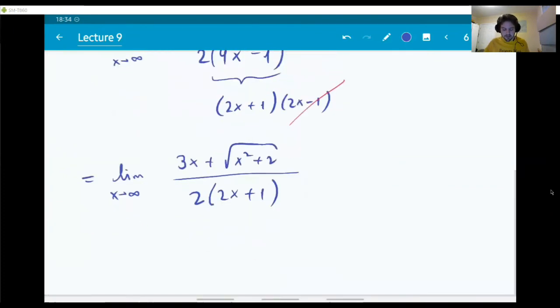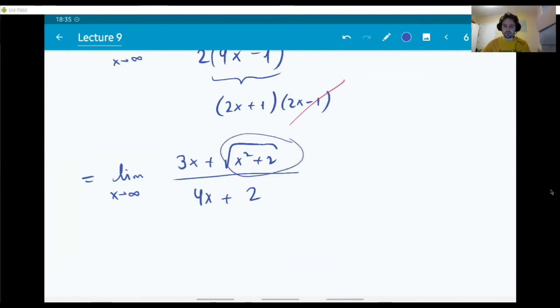I'm going to distribute the 2 in the denominator so we can see more clearly what's happening, but it really doesn't help you much. 2 times 2x plus 1. This is basically a quotient of linear functions in the limit because of the square root of x squared. This is also a term of size x approximately. So that's our next step. Our next step is going to be to divide everything by x.